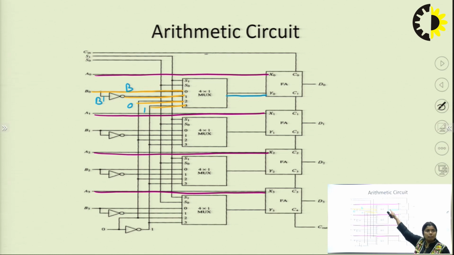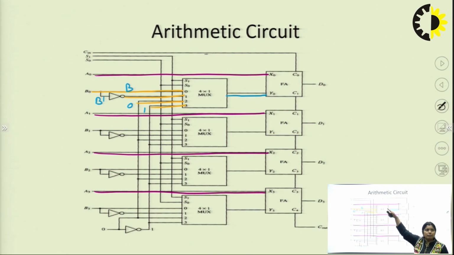Now, in the 4 cross 1 multiplexer, as we can see in this diagram, the first input of the multiplexer is B, the second input is B complement, the third input is 0, and the fourth input is 1. At a moment only one operation is performed.